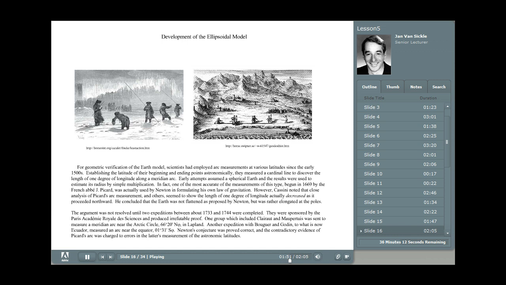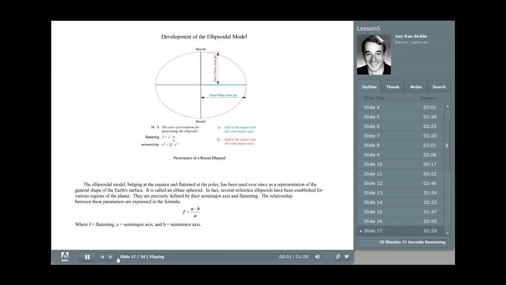And these measurements proved Newton correct, that the earlier measurements were somewhat in error, and in fact the Earth is flattened at the poles, or is an oblate ellipsoid.